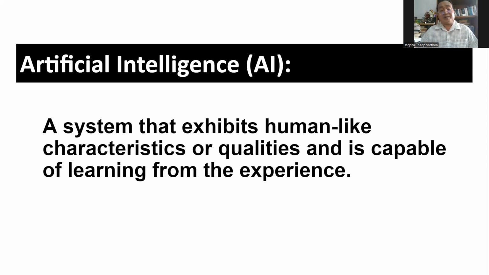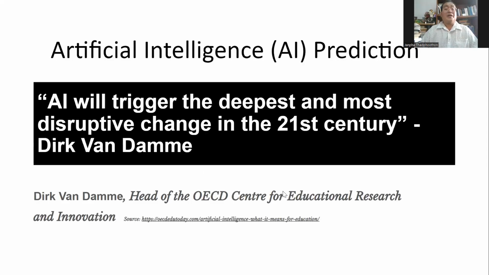The other quality is the ability to learn from experience, mostly unsupervised. One of the predictions is that AI will trigger the deepest and most disruptive change in the 21st century. That's the prediction from the head of the OECD Center for Educational Research and Innovation, Dirk van Dam.